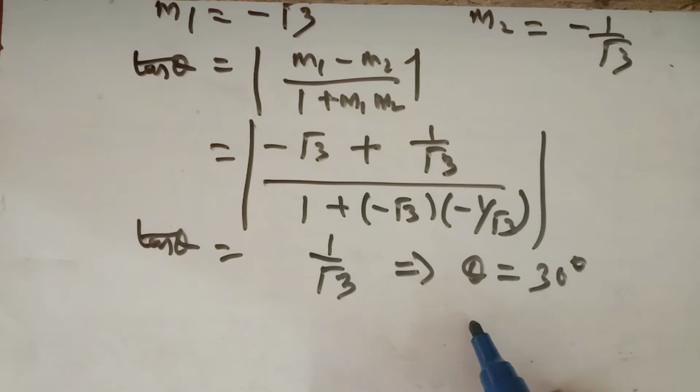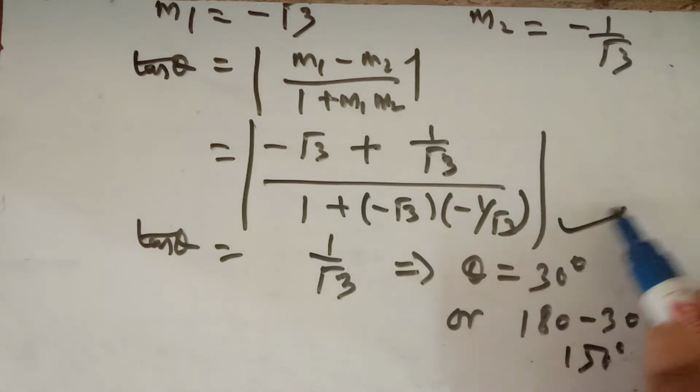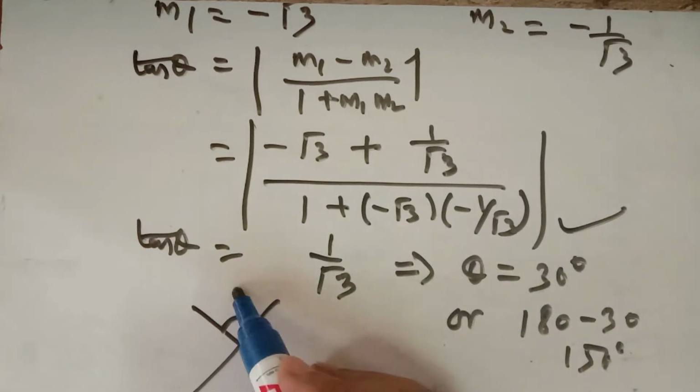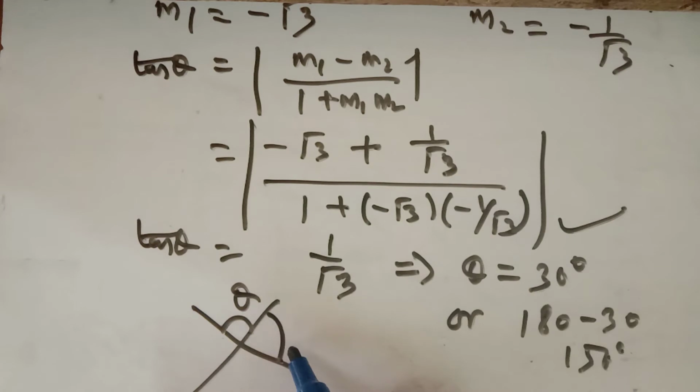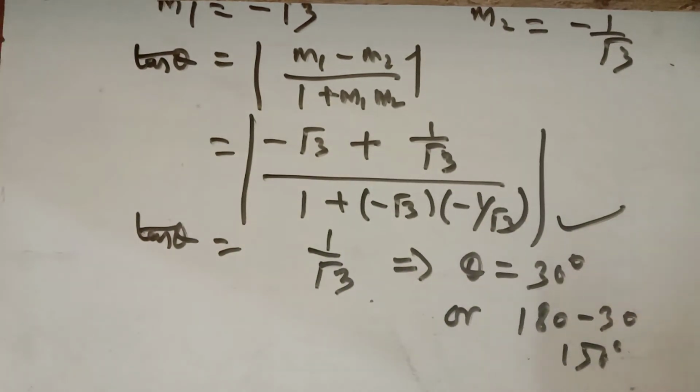Or you can say that the other angle will be 180 minus 30, 150, because this is the acute angle. If the lines are intersecting, this is the angle between the two lines, and this is also the angle between the two lines, and it will be 180 minus theta. So you have to write both the angles. It can be 30 or 150.